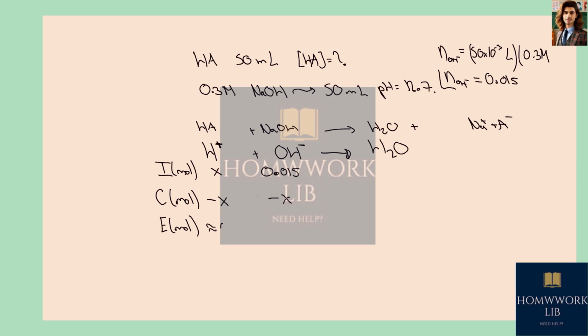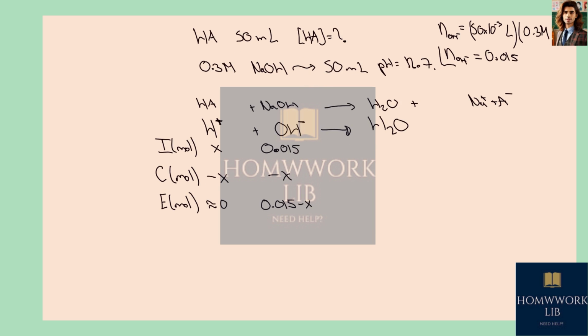So at equilibrium, I have almost zero H plus, and I have 0.015 minus X moles of OH minus. Okay, now, what is the final volume that I'm going to get? The final volume is equal to 100 milliliters, right? Which is 0.1 liters.